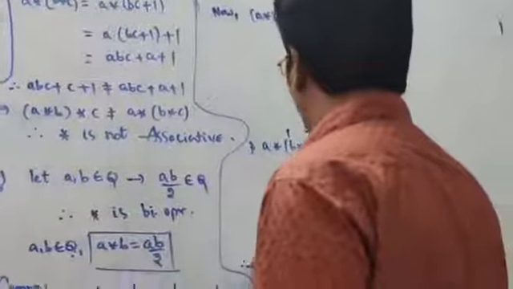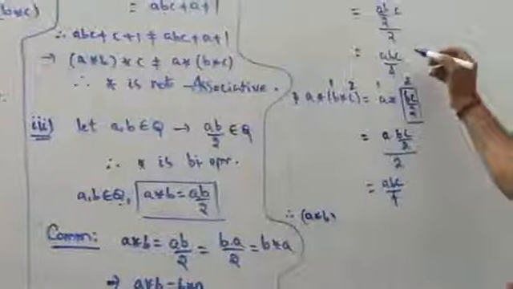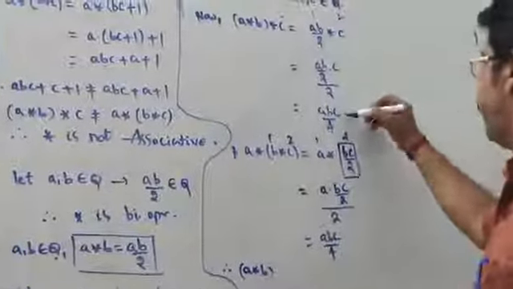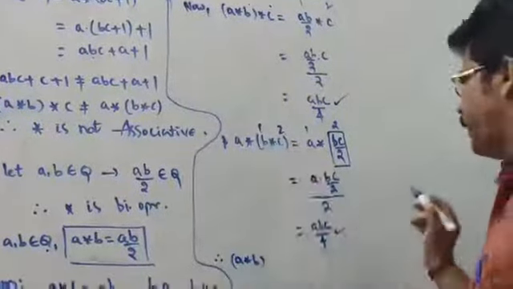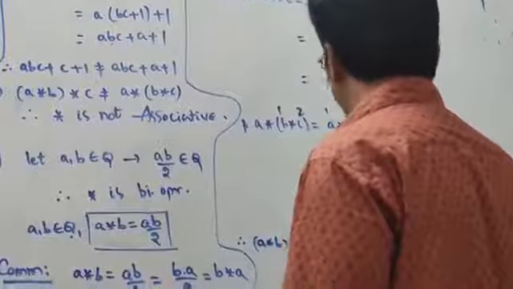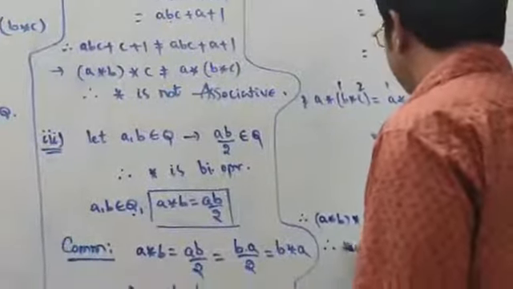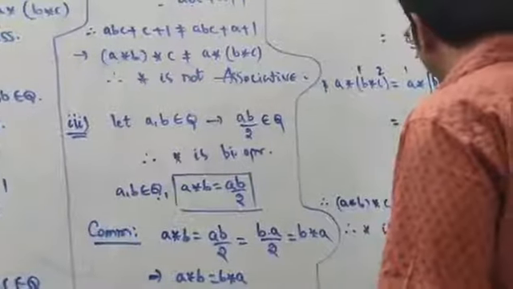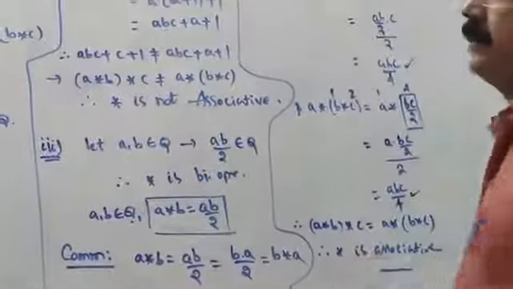Therefore (a star b) star c equals abc by 4, and a star (b star c) equals abc by 4. So (a star b) star c is equal to a star (b star c). Therefore star is associative. Next, you come here.